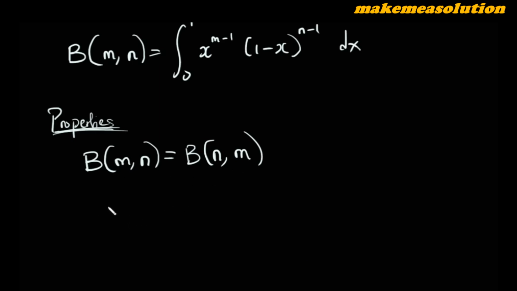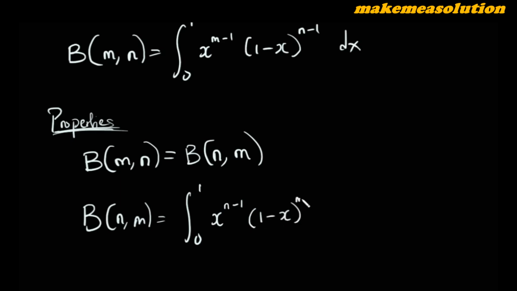No, you shouldn't fret. So beta of n, m is the integral from 0 to 1 of x raised to the power of n minus 1, and 1 minus x raised to the power of m minus 1, dx.